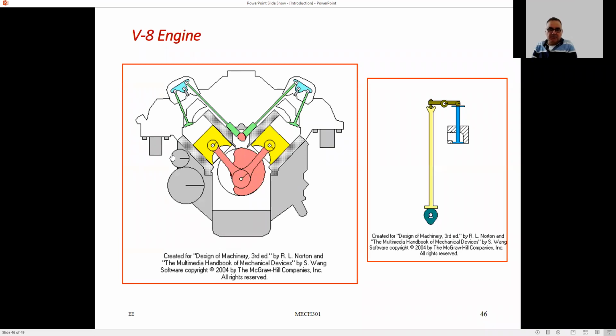Okay, here you have a V8 engine, which is an internal combustion engine with a slider crank mechanism connected to a crankshaft. And here you see that the valve for the piston is opened and closed by a cam mechanism.